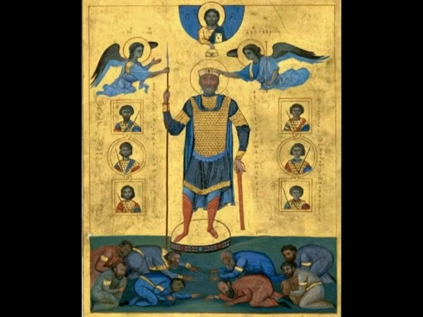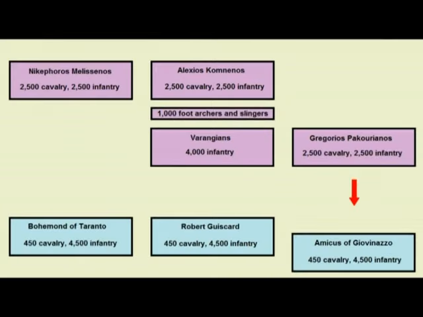What we think really happened here is that Gregorius Pacurianus' left wing of the Byzantine array essentially charged against Amicus of Giovinazzo's forces, so that the latter would find himself fighting on two fronts and needing to retreat, which may also hint at the fact that the Norman cavalry managed to hold out.